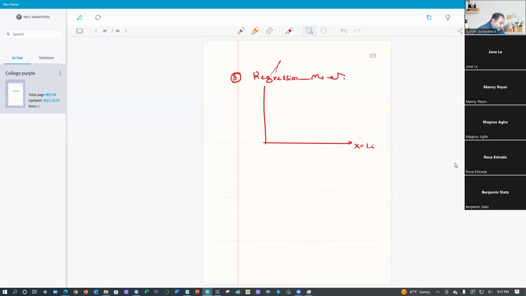Both are. So this time you have everything scattered all over the place. The scatter plot.